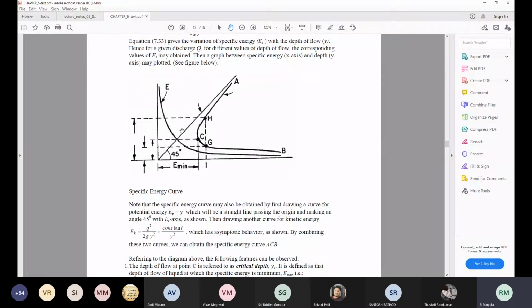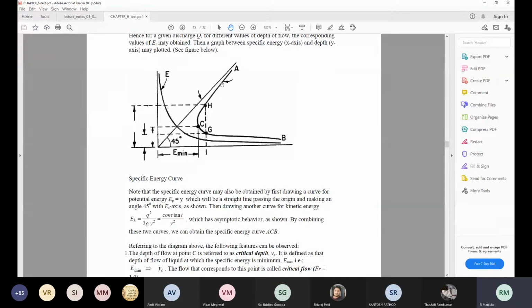If I combine these two curves, I get the curve ACB, which is the specific energy curve. The addition of these two values gives the final resultant specific energy curve. So ACB represents the specific energy curve.